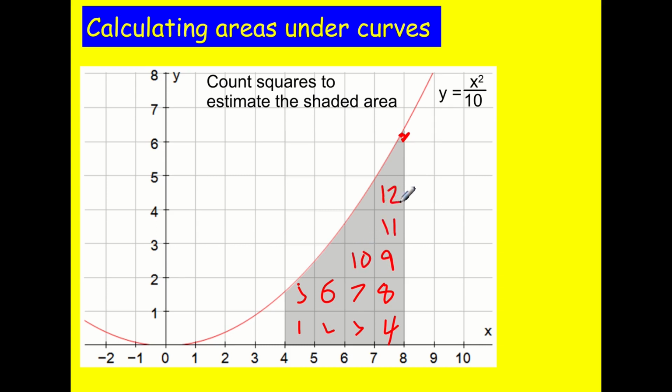That's pretty much 12. I reckon this is 13 if I combine it with that bit. I think 14 if I combine it with this one. And these two, I reckon I can just about say that gives me 15.